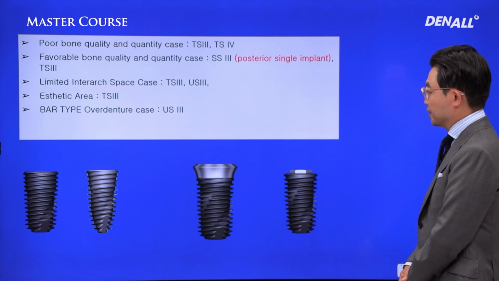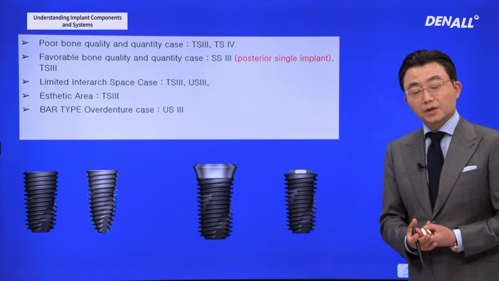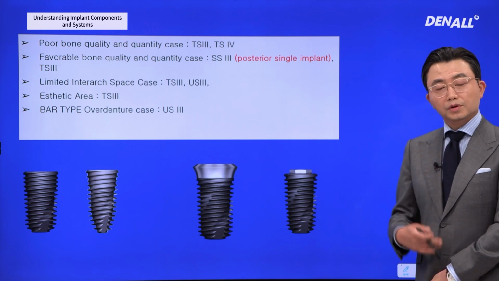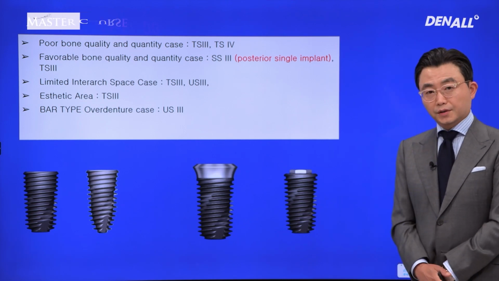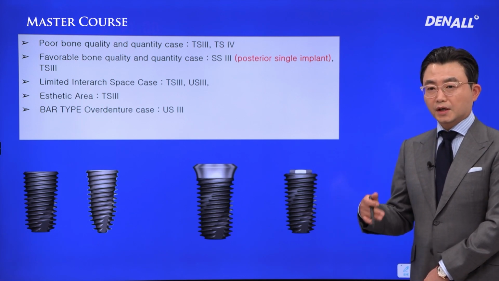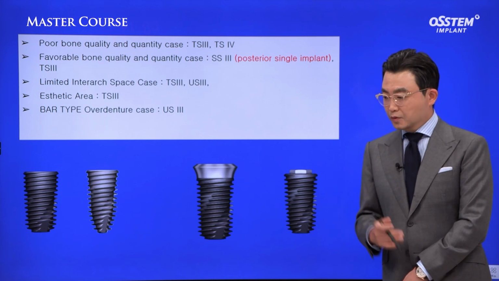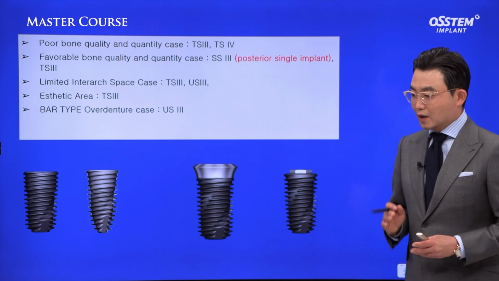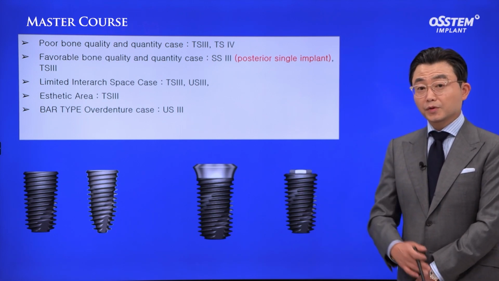And my recommendation would be, first, before placement, you have to decide beforehand what implant you are going to use. If the bone quality is not very good, then it's very hard to gain 20 newtons, or you have to do a GBR or sinus graft.